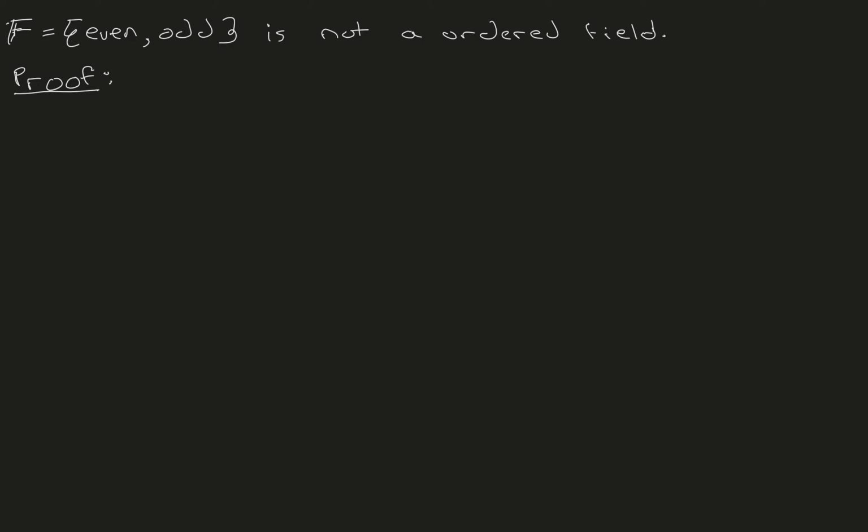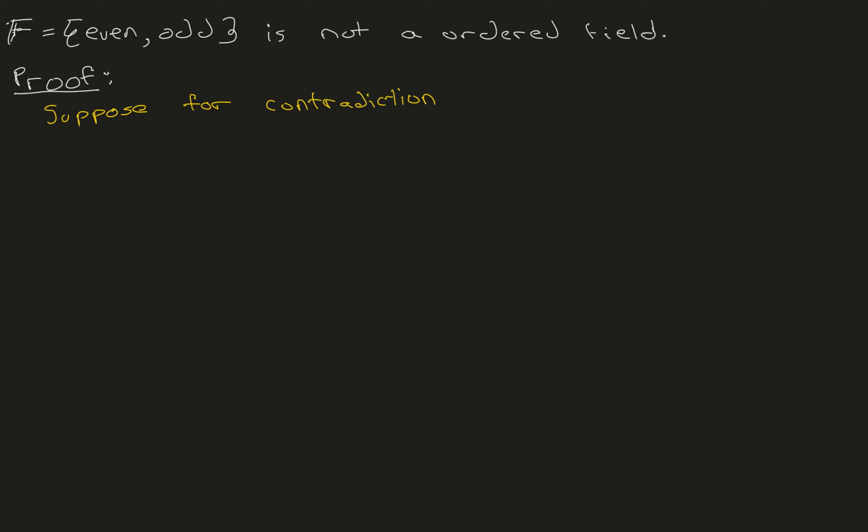Whenever we're doing a proof by contradiction, we assume the opposite. We always start by writing "suppose for contradiction."